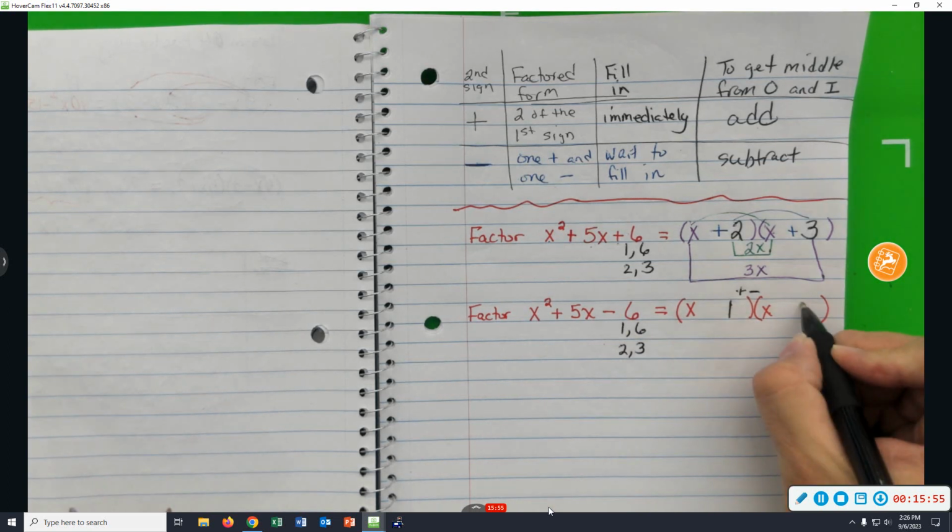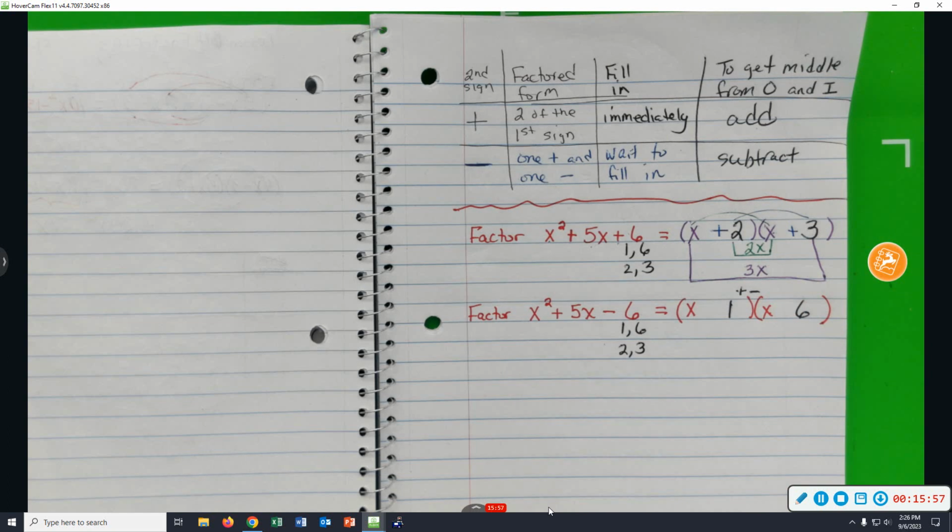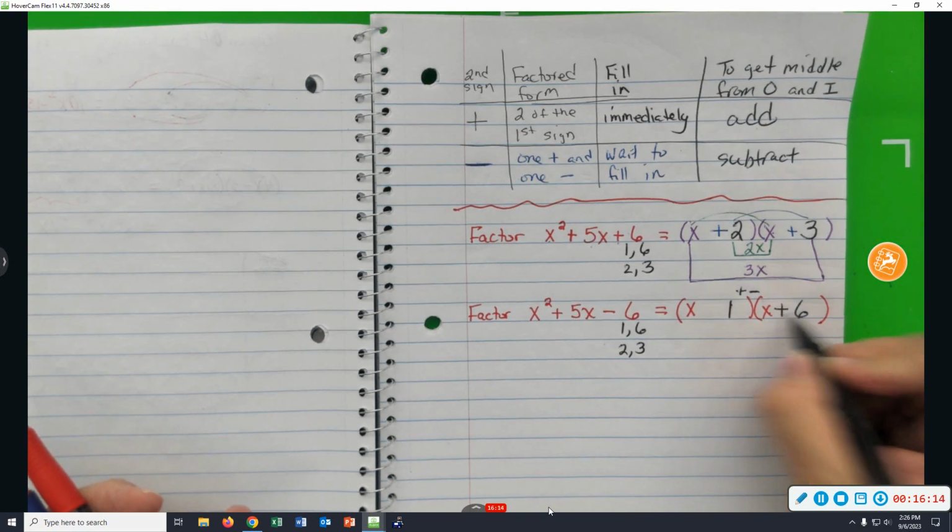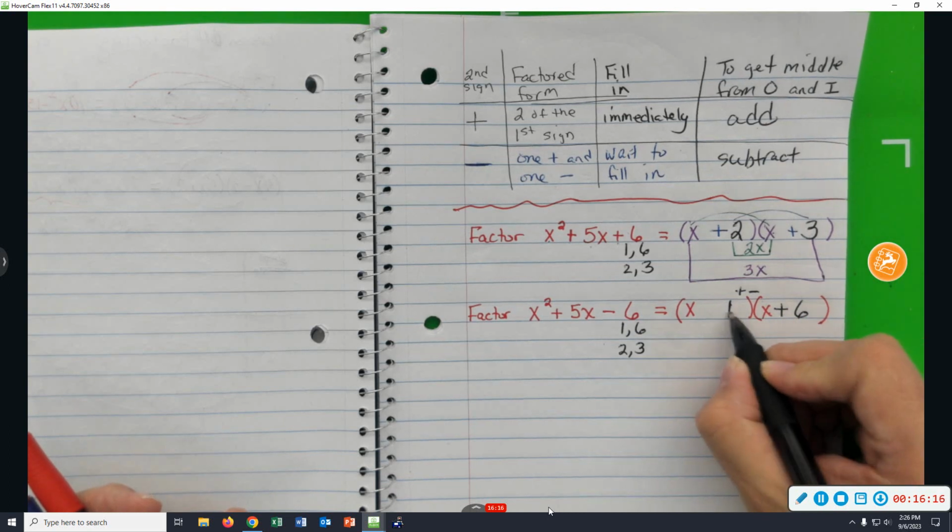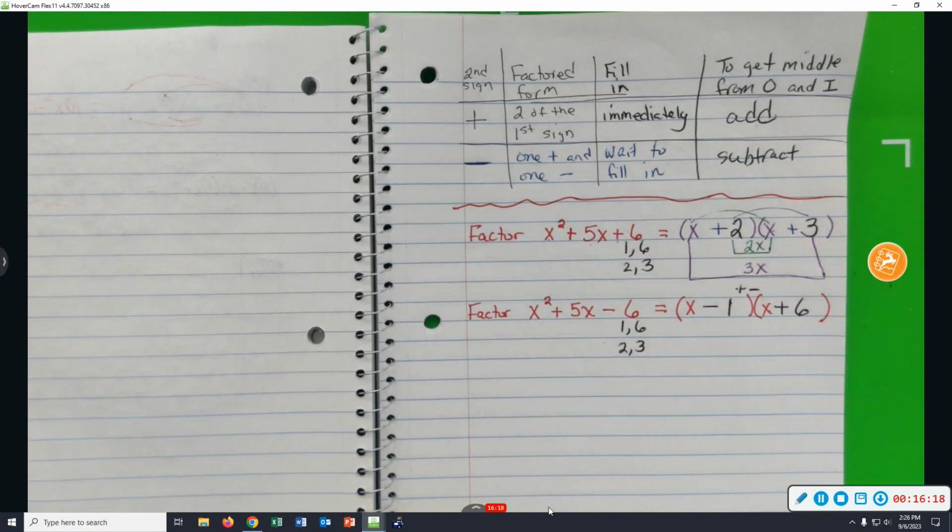1 and 6. Now, here's where you've got to sort of think. How do you arrange the plus and minus? Do I put the plus here, or do I put the plus here? If you get it wrong, just reverse it. So, where do y'all think the plus should go? In front of the 6. If we make the 6 positive and the 1 negative, let me see. Is this right?